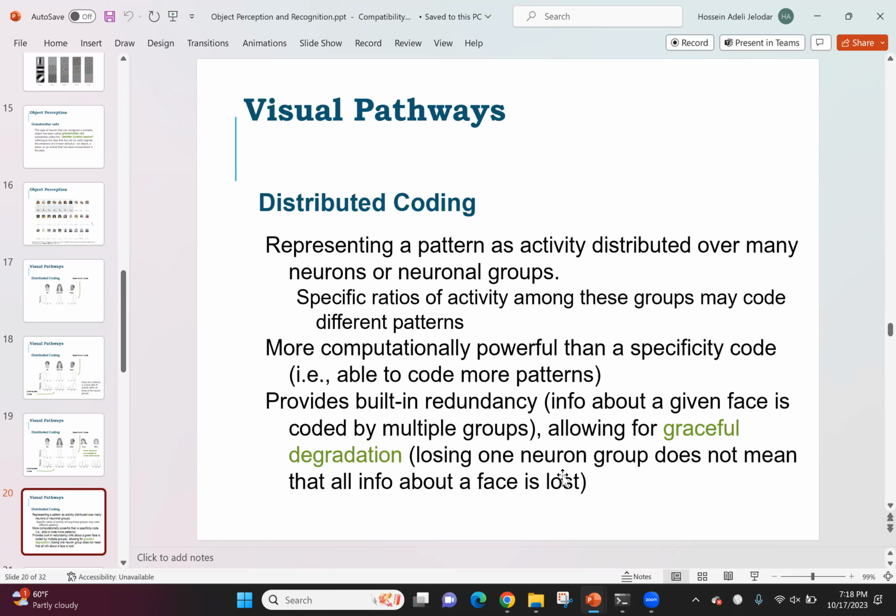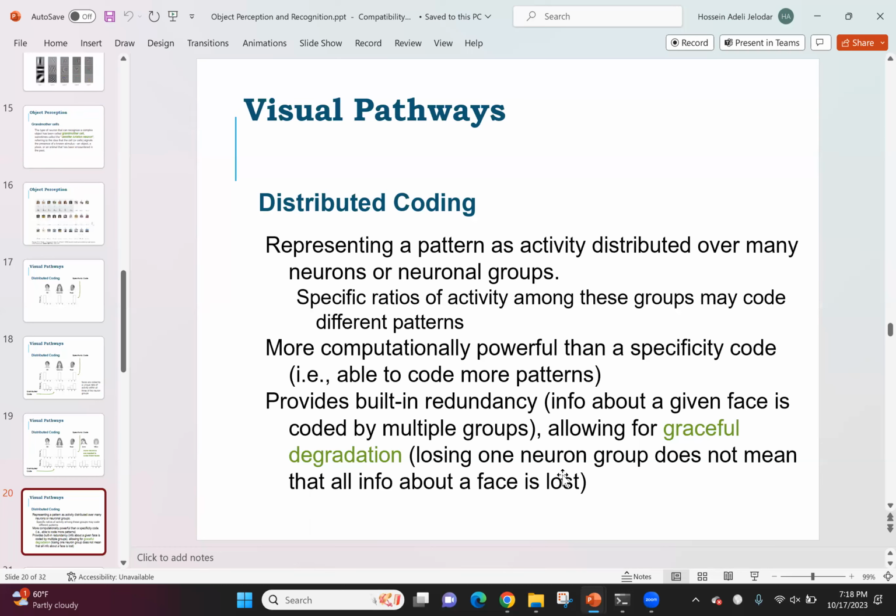All of those together, the ratio and their activation together, represent that person in my head. A specific ratio of activity among those groups codes for different patterns.